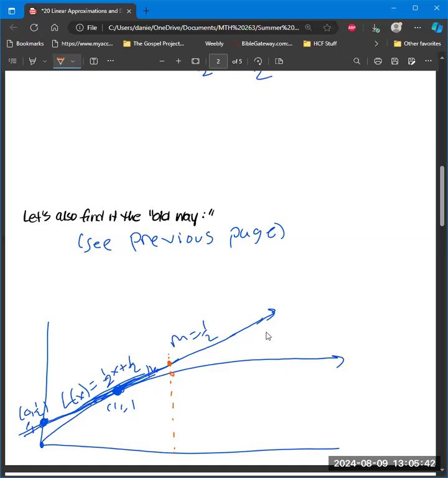And so this is root 2, and 2, if I stick it in here, 1 plus 1/2 is 1.5. That's not a terrible approximation. This is 1.41 something or other. So this distance right here is our error. And that error gets bigger and bigger the further and further I get away from (1, 1).